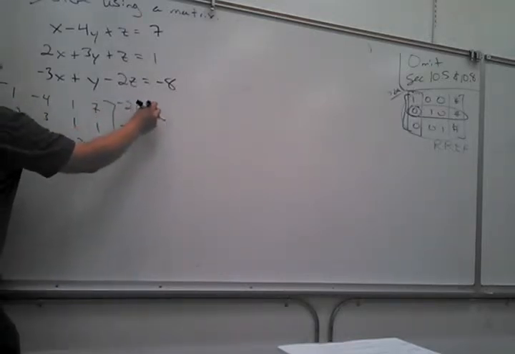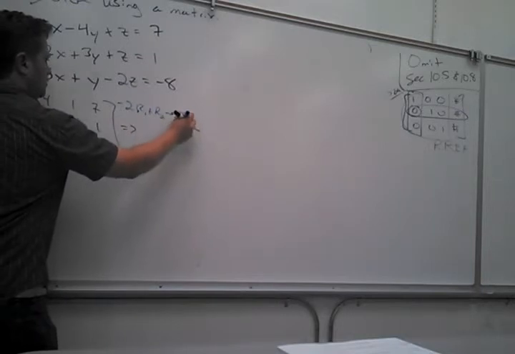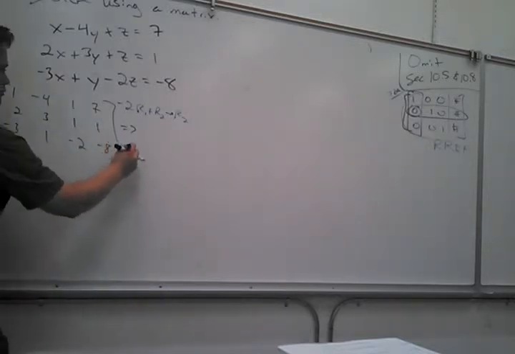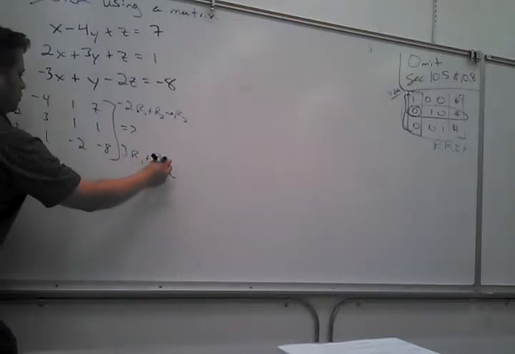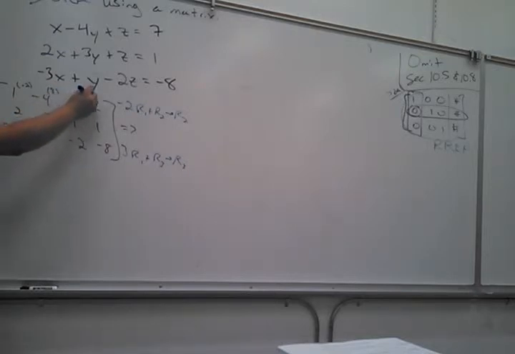How do you kill this guy? Yeah, -2 row 1 plus row 2 and put the answer in row 2. And I can also do, to kill these, multiply by 3, so 3 row 1 plus row 3, put the answer in row 3. I'm going to test this a little bit, see if we can handle this. So here's my -2, 8, -2, -14.